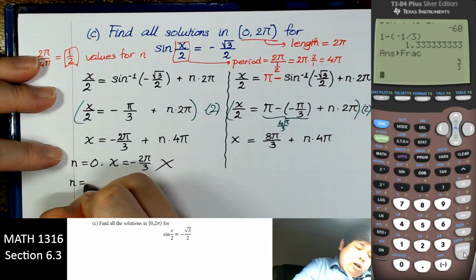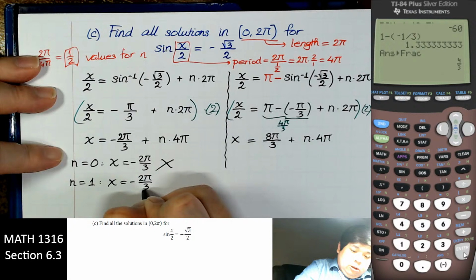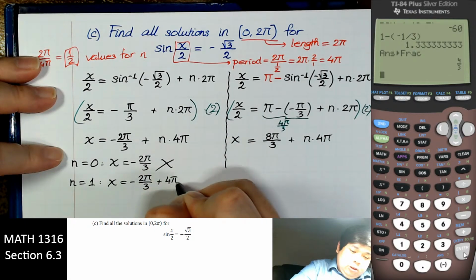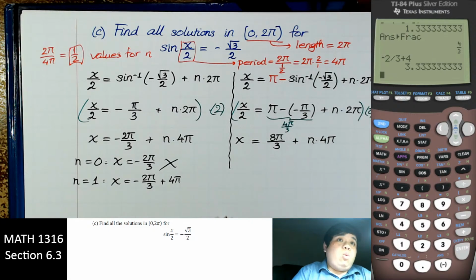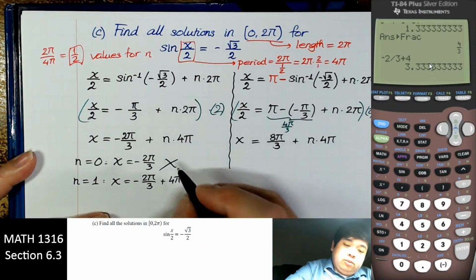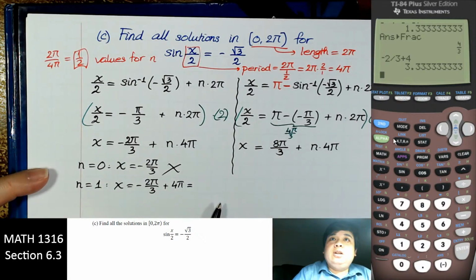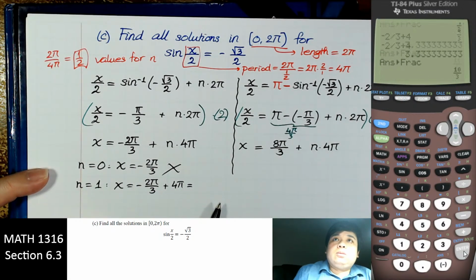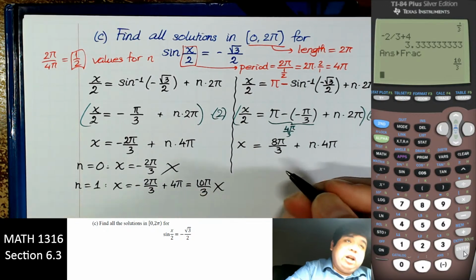When n equal to 1, what is negative 2 over 3 plus 4? This is way out of 2 pi also. 10 pi over 3, which doesn't work either.